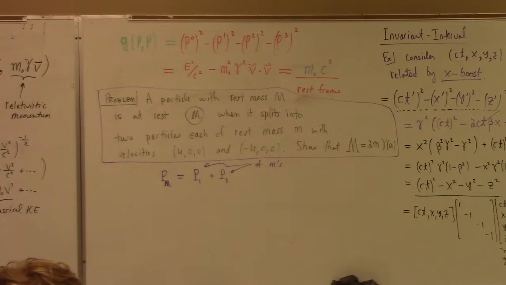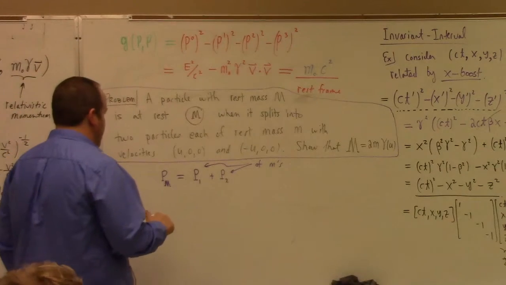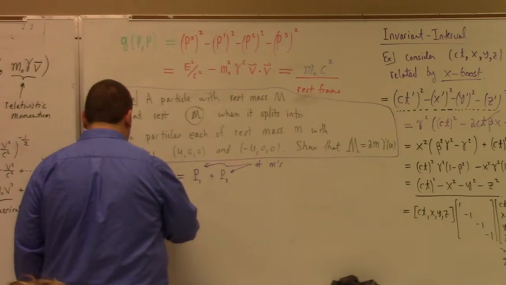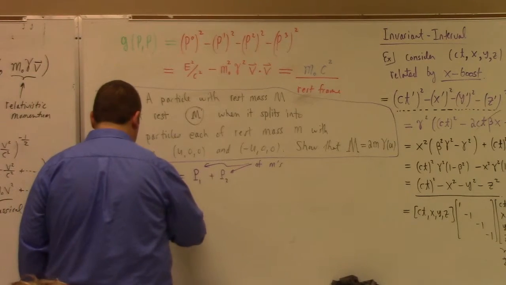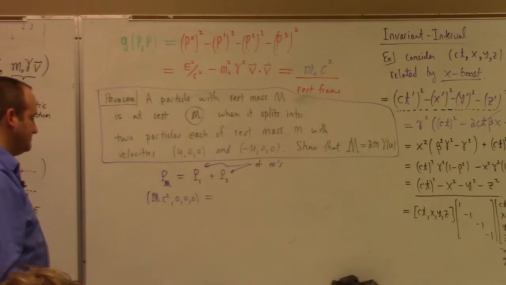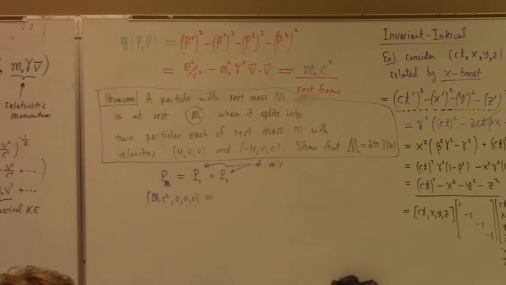Now, my first move is just to write it down as it's given. The initial, it's at rest, right? So we've got big M c squared, 0, 0, 0 is equal to what? What's the four-momentum of the masses afterwards?